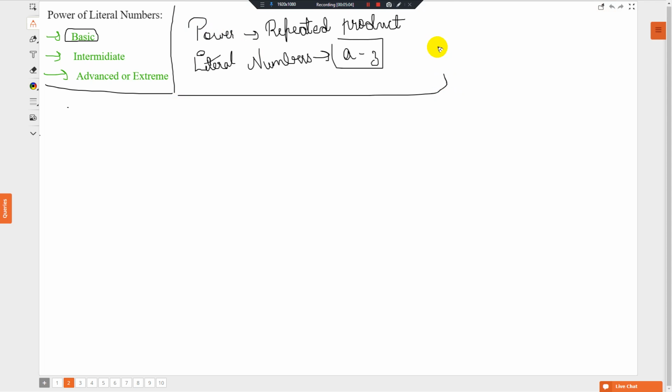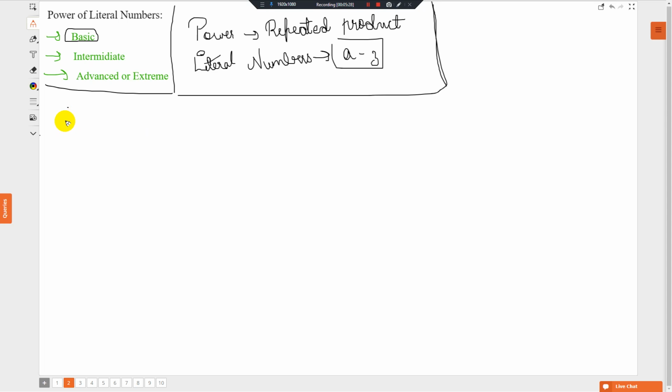So we have completed only a quarter of the basic, but there's much more to learn. Just 3/4 is left, and we'll go on with that. First of all, we know power is repeated product, but how do we form it and write it?